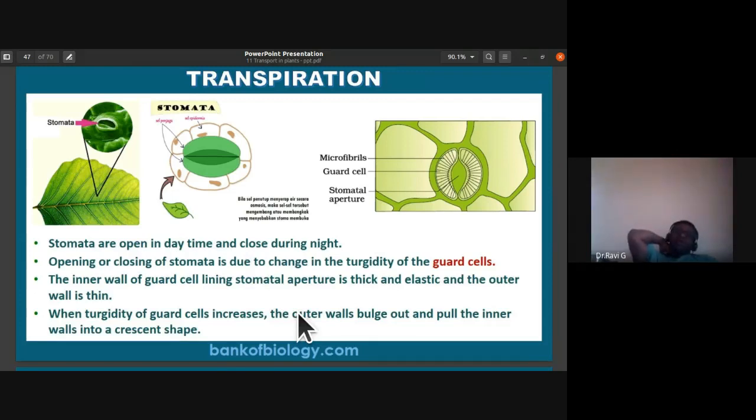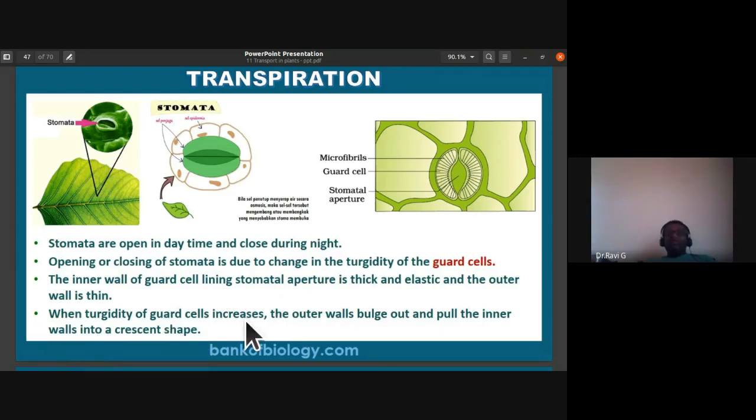So the inner wall of guard cells, lining the stomatal aperture or stoma, has thick and elastic walls. The opening is called the stoma or stomatal aperture. The inner wall of the guard cell lining the stomatal aperture is thick and elastic, and the outer wall is thin.